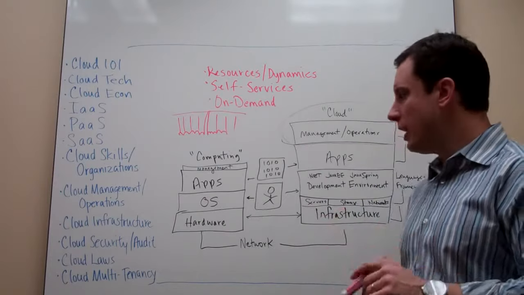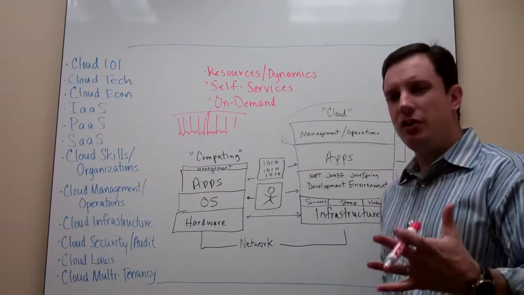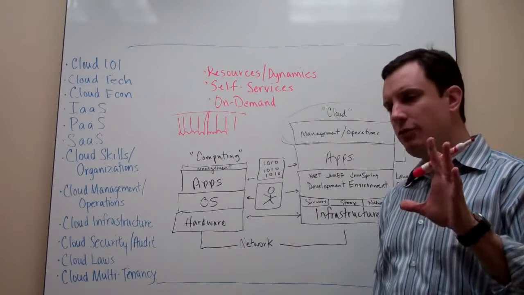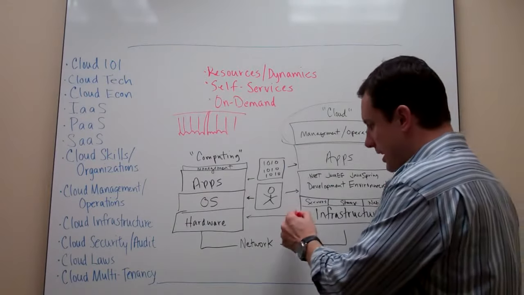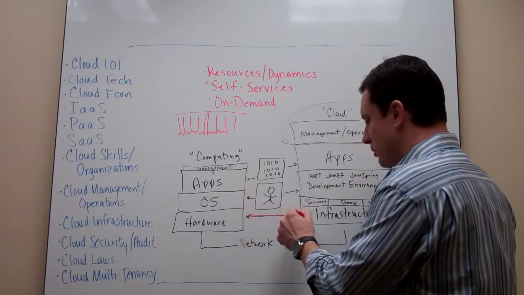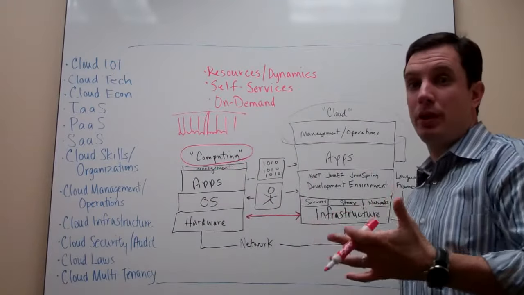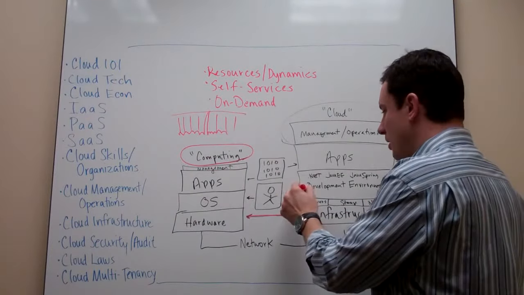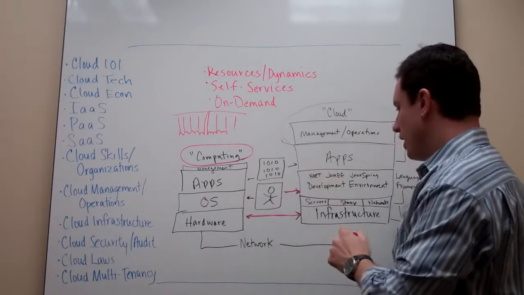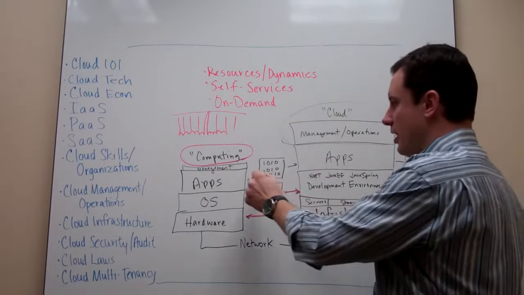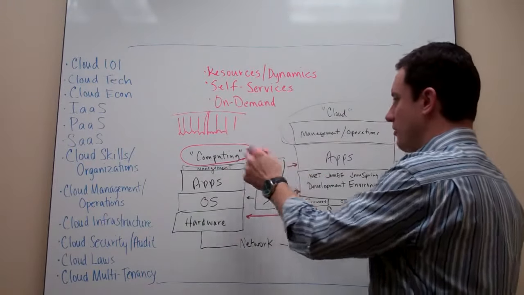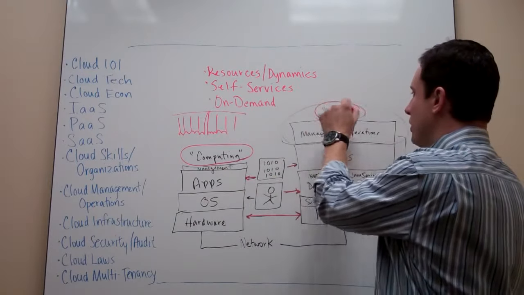So hopefully, as we think about the underlying technologies for cloud computing, there's a direct analogy that can be drawn between what we used to know from traditional computing or individual computing devices, with the operating system, development environments, hardware and infrastructure, and applications, to what we call a cloud.